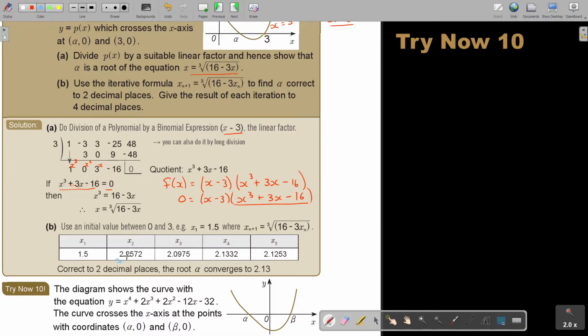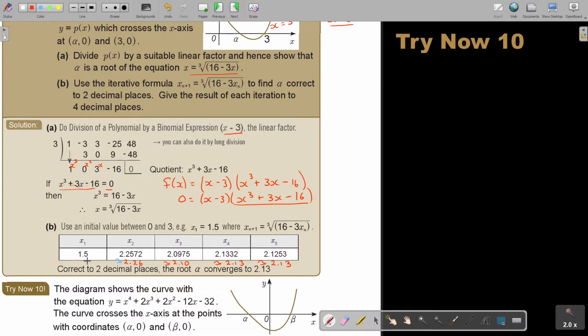So that is 2.26, this is 2.10, this is 2.13 and this is 2.13, and there is the answer.